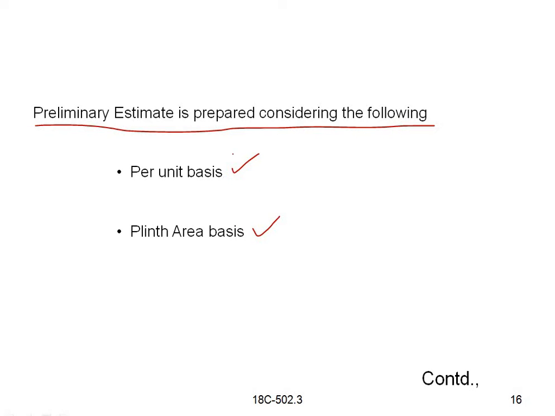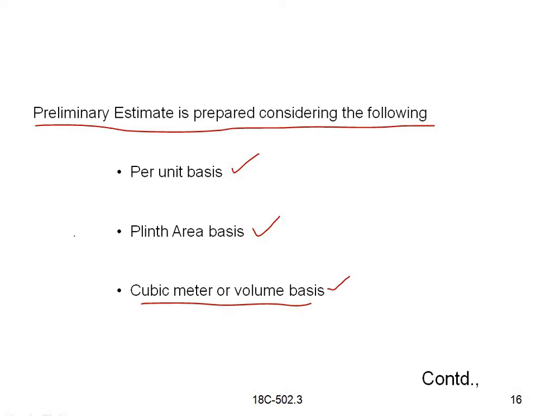Per unit means per material or per item. And plinth area basis means the built-up area of the building or any site. And the next is the cubic meter or volume basis.